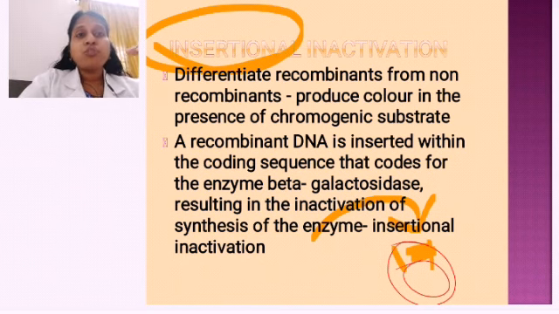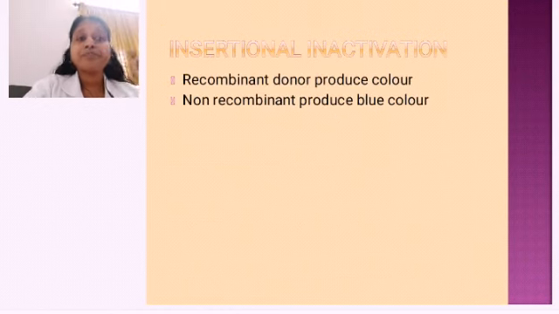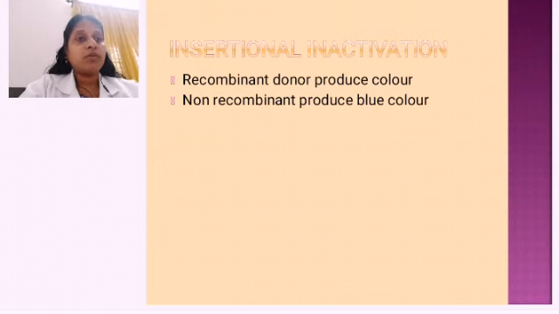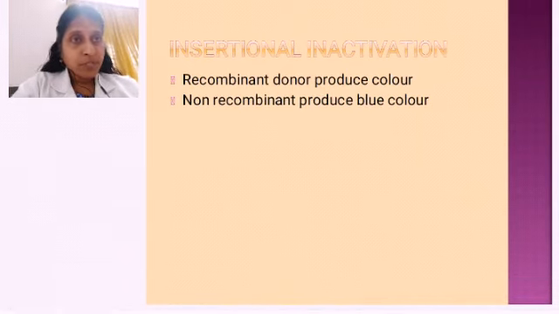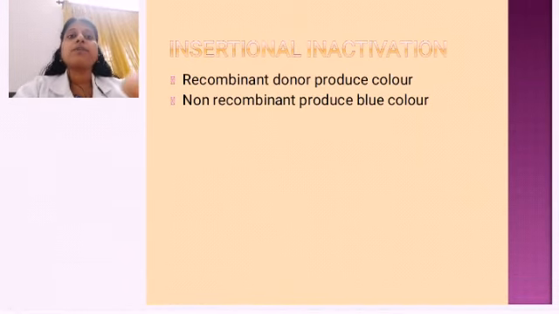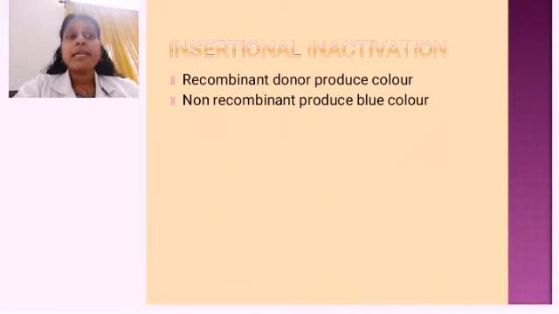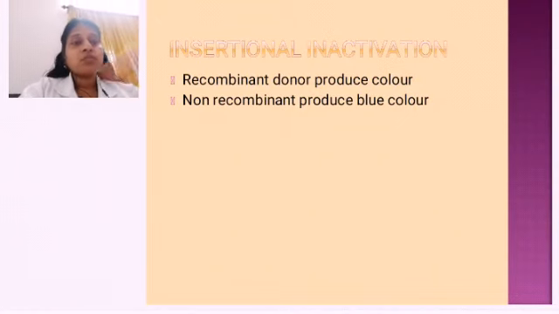So the ones which produce blue colonies are not recombinants, they are non-transformants, and they do not contain the rDNA. The ones which do not produce color are recombinants. Sorry, the spelling is wrong, it is "do not". So the ones which are not producing any color, we call them recombinants.